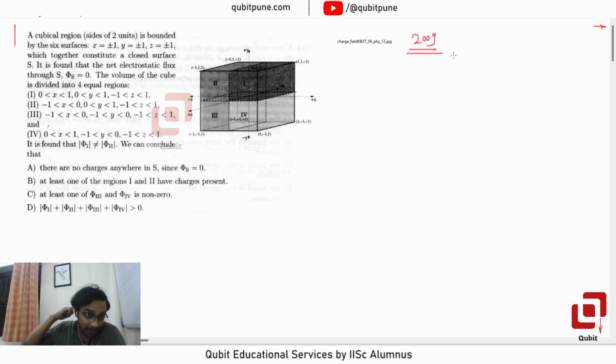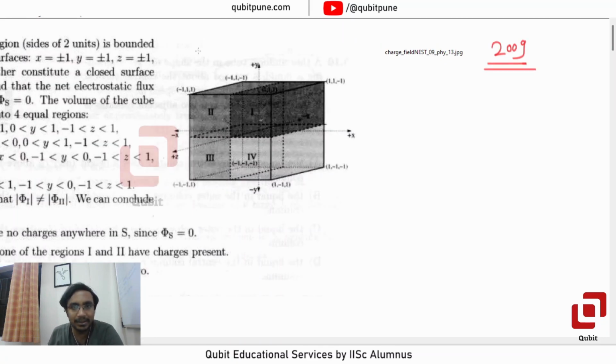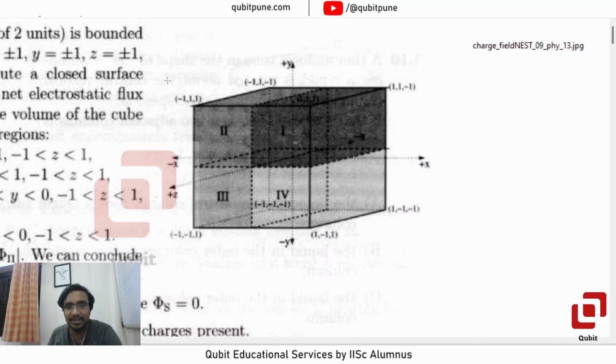Look, this is a clear problem on Gauss law and the concept of electric flux. Now let me zoom in a bit to understand the cubical figure. Look, this is the x-axis. This up is the y-axis, and this is our z-axis.